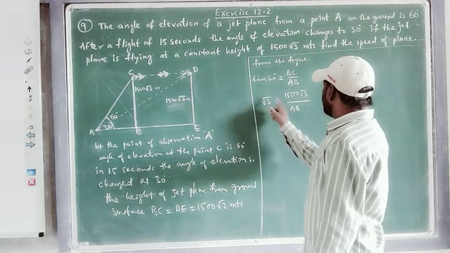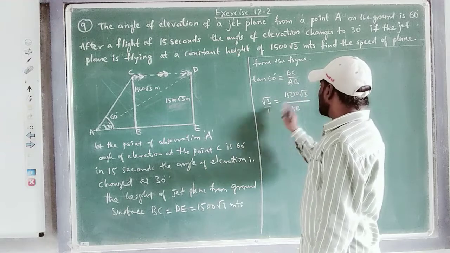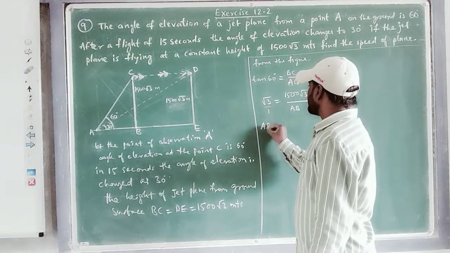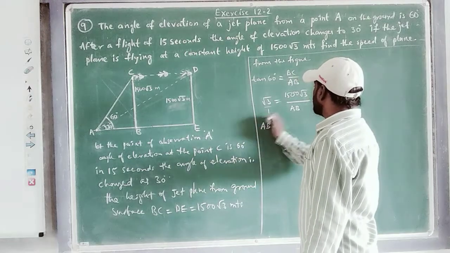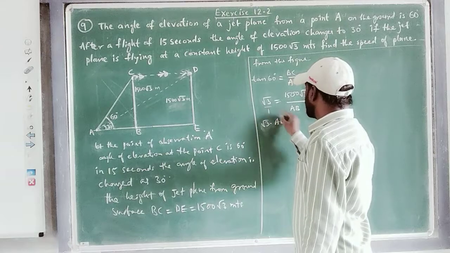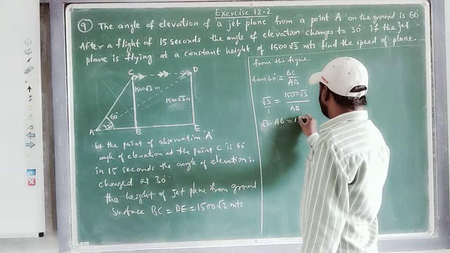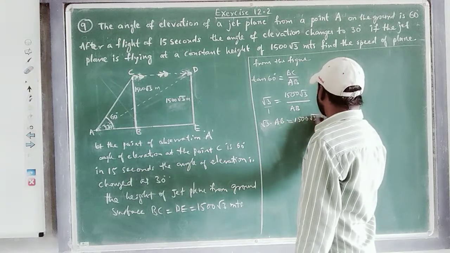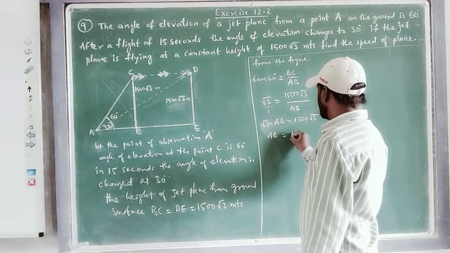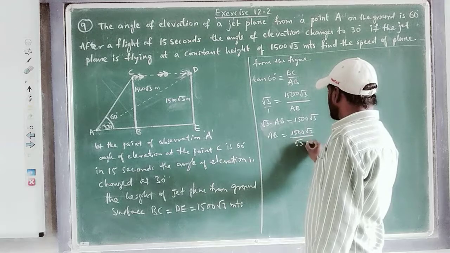Now, by doing the cross multiplication, 1 into 1500 root 3 will be 1500 root 3, and AB into root 3 is root 3 AB. Now, AB is equal to 1500 root 3 divided by root 3.